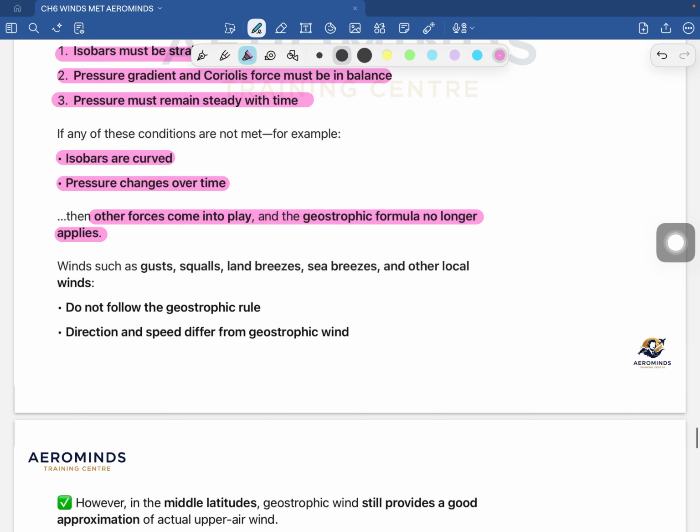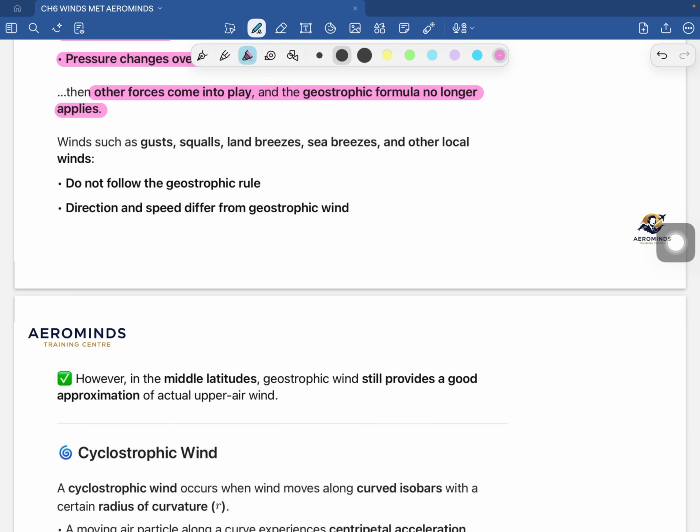Got it? Now winds which are gusts, squalls, land breeze, sea breeze, and other local winds, these do not follow the geostrophic rule, and wind speed and direction differ from the geostrophic wind.